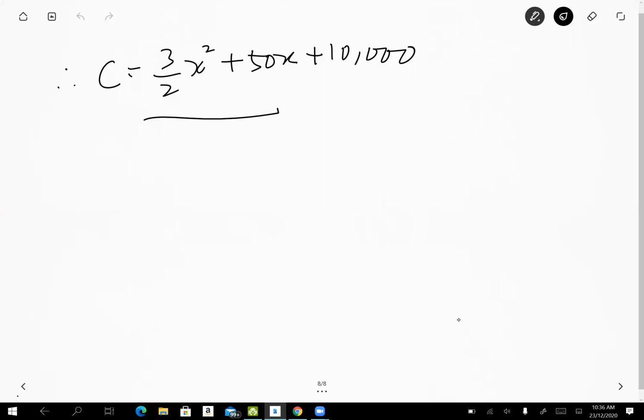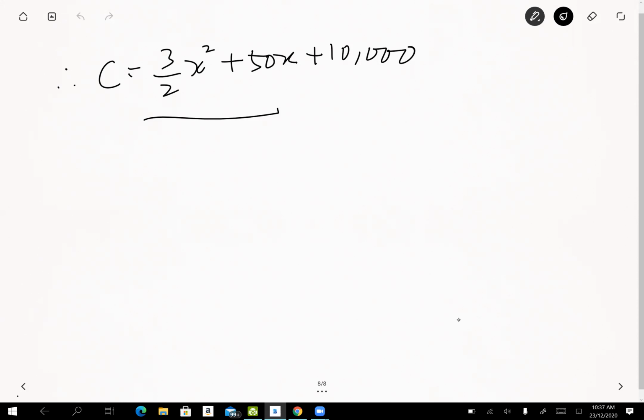So that is cost. Example number 2, you are also given the cost function. But here, after you have found the value of the k, we will want to find the cost given a certain output level.